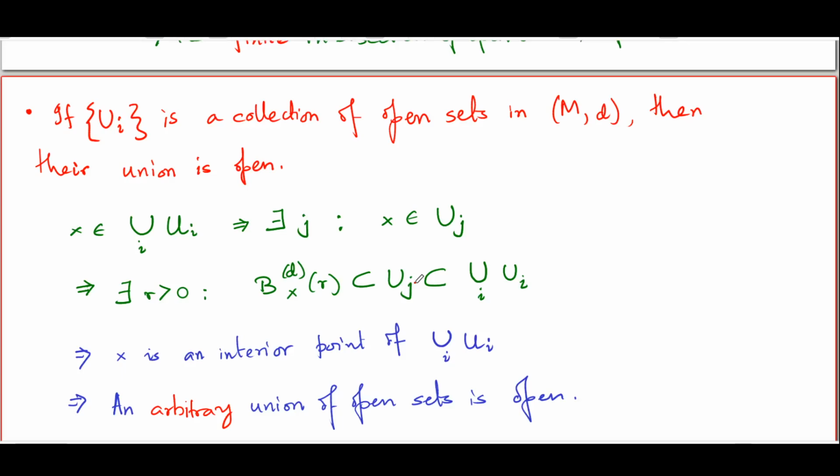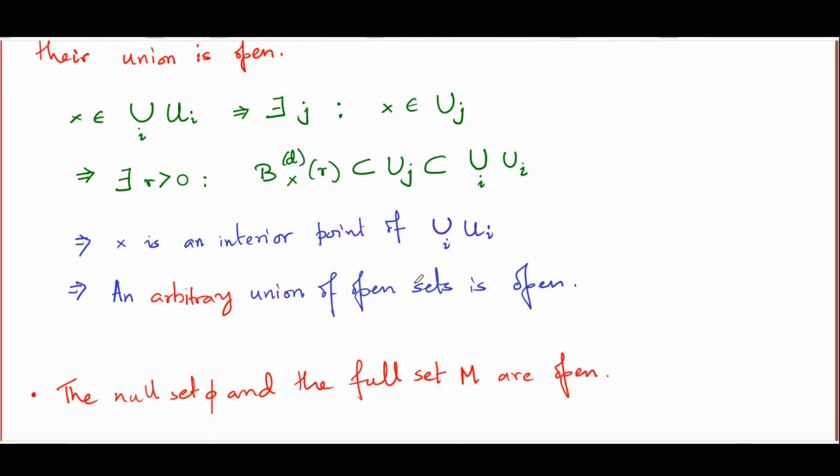Now, if you remember your topological space definition, you would realize that these are exactly the properties that we define for the collection of sets that we are going to call a topology. In addition to that, we have one more demand in topologies, which is the null set phi and the full set M are open. These are trivial to prove in metric spaces.